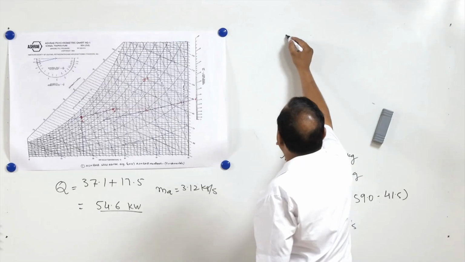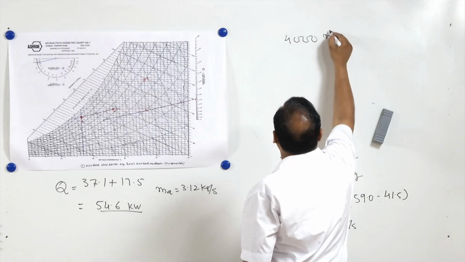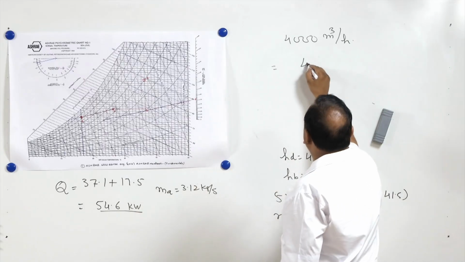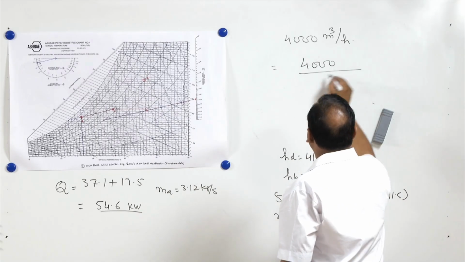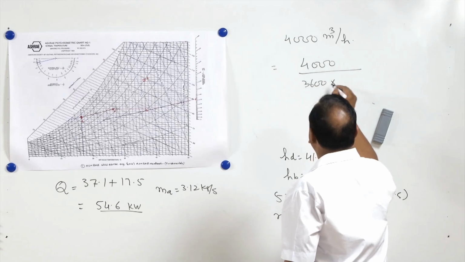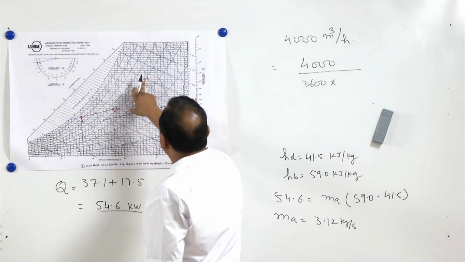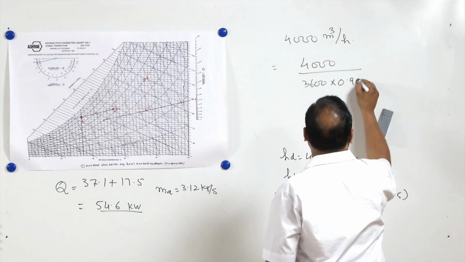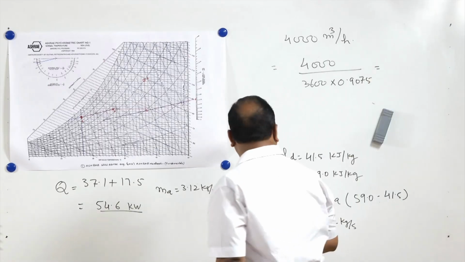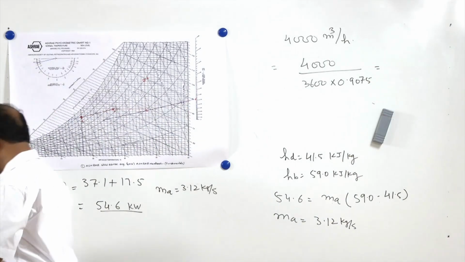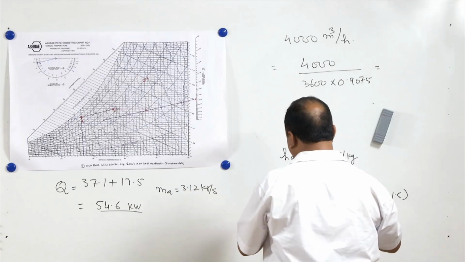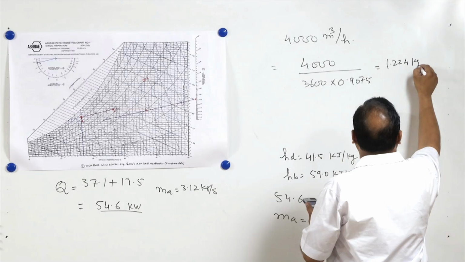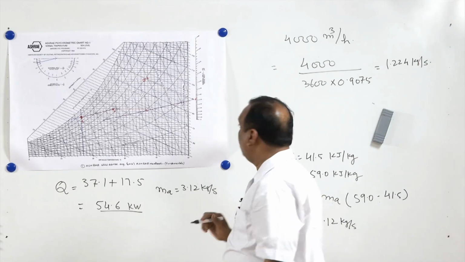Now fresh air is 4000 meter cube per hour, and if we convert this into kg per second, it is 4000 divided by 3600 multiplied by the specific volume of air at state 1, that is 0.9075, and this will give the mass flow rate, equal to 1.224 kg per second.